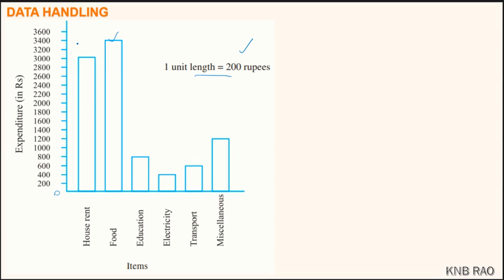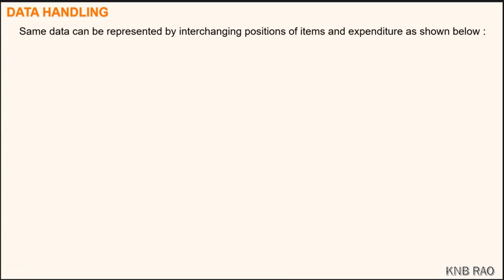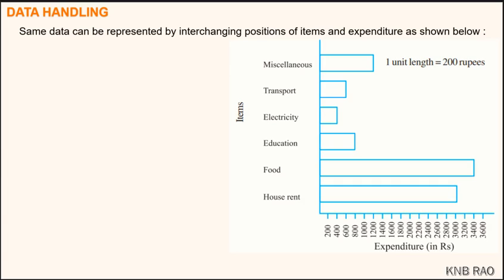Now, the same data can be represented by interchanging positions of items and expenditure as shown below. Here you can see I have taken items on the vertical axis and numbers, that is expenditure in rupees, on the horizontal axis.